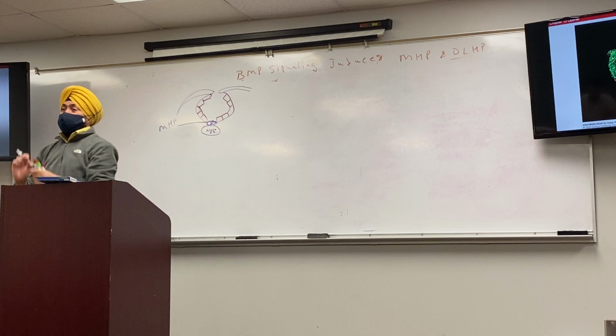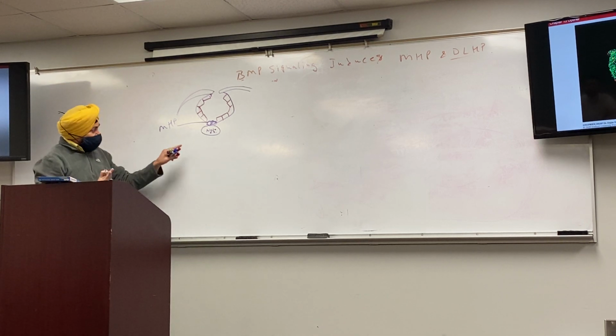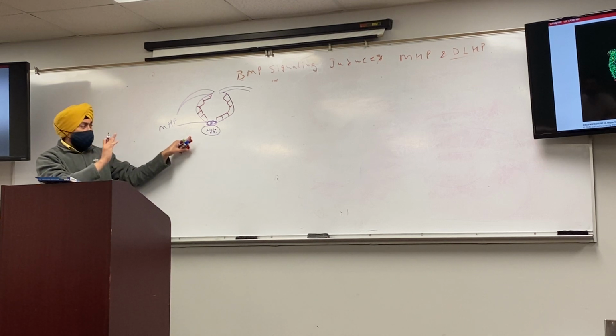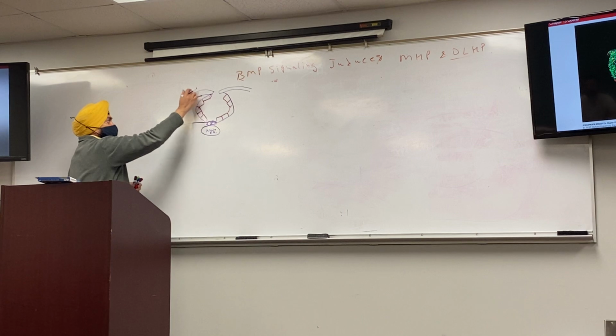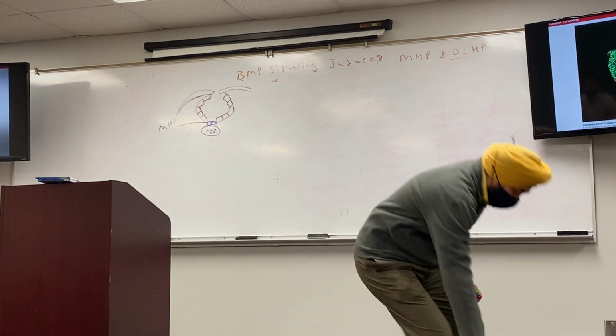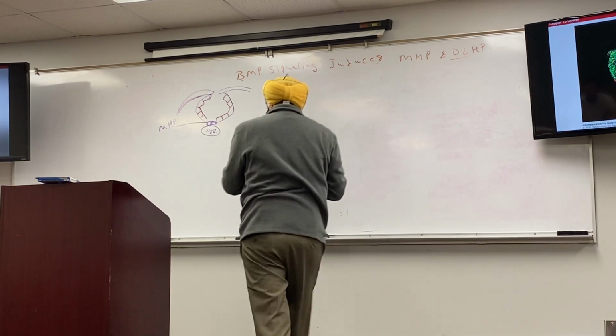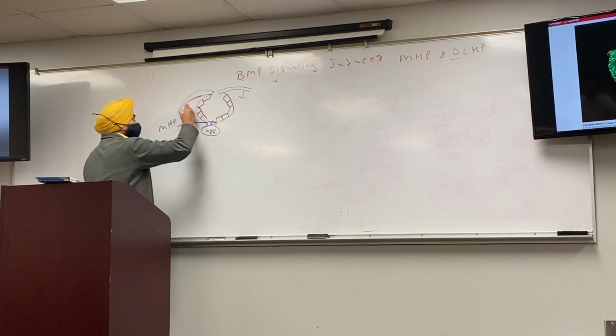So what is happening there? Just pay attention to what is happening here. The notochord, so now these cells which are right there, they are making a lot of BMP.